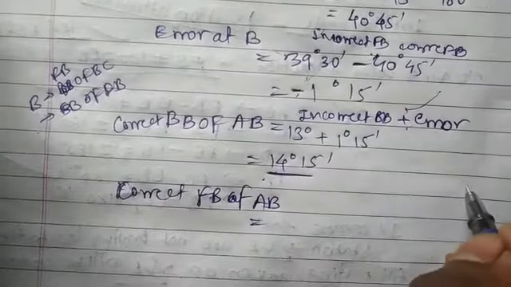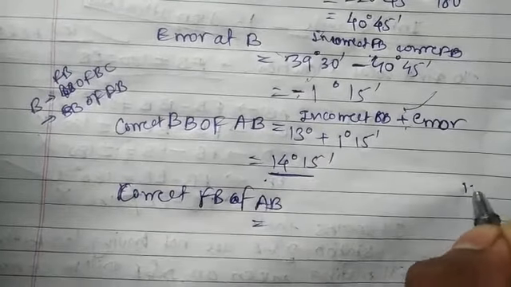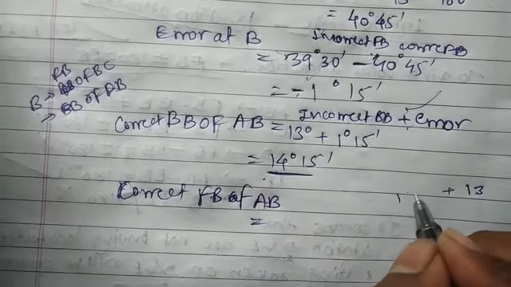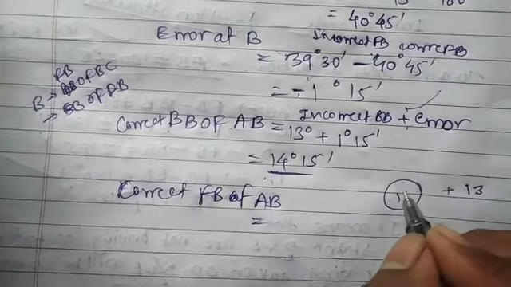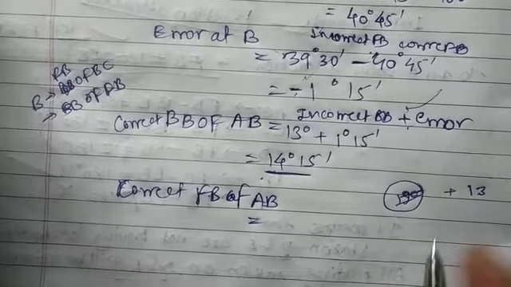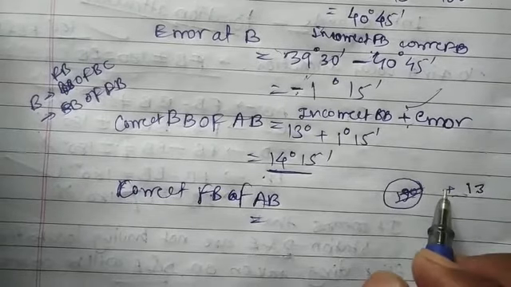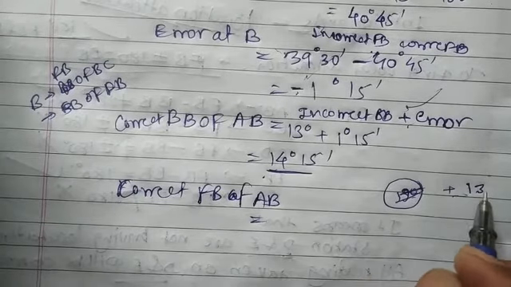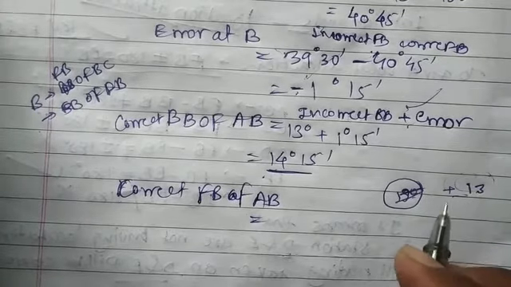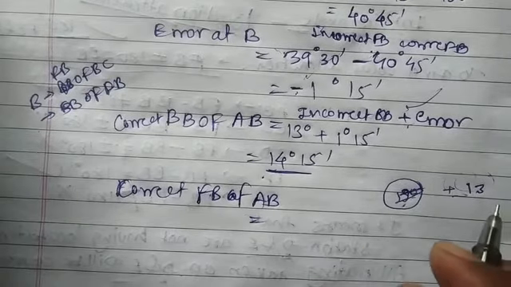You can see that in the problem statement it is given that the back bearing of line is 13 degree, whereas the fore bearing is given somewhat greater than this back bearing. So it is given nearly equal to 190 or something. Okay, so it means that the fore bearing of line is greater by 180 degree than back bearing of line.